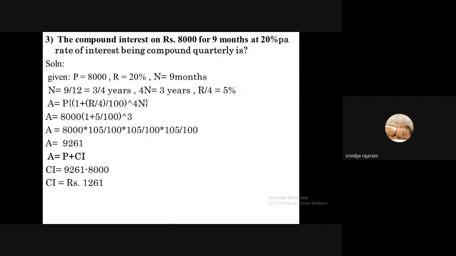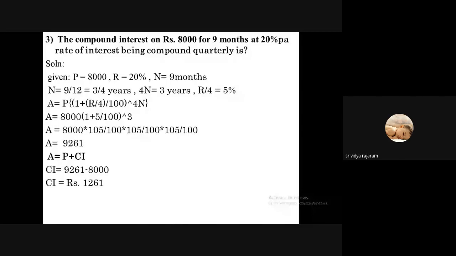They are asking us to find the compound interest calculated quarterly. So what we have to do is multiply n with 4, so 4n is equal to 3 years. Similarly, we have to divide R by 4 because 20% is for 1 year. So R by 4 is equal to 20 by 4, which is 5%. So you can substitute in the quarterly formula.